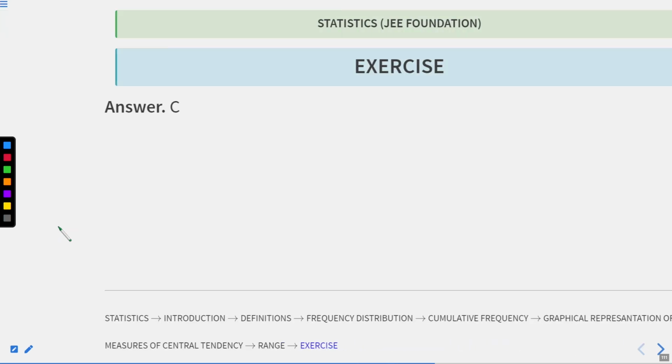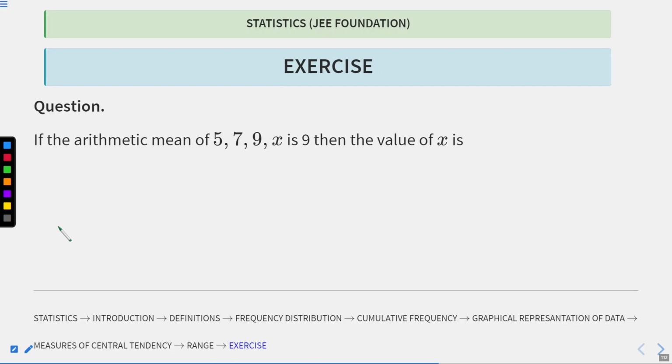Okay, so let's move to next. Now in this question, the arithmetic mean of 5, 7, 9 and x is given to me as 9, which is x bar, and I have to find out the value of x. In order to find the arithmetic mean, just add all of the observations.